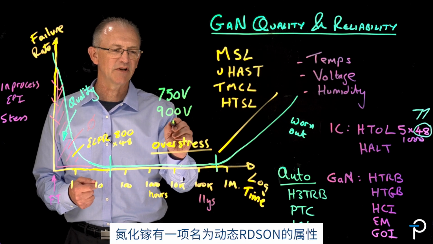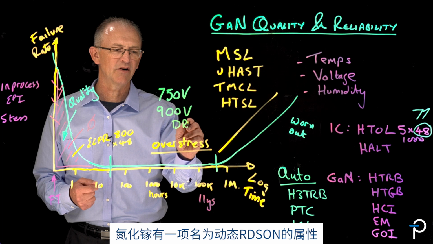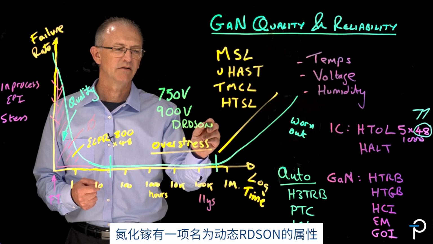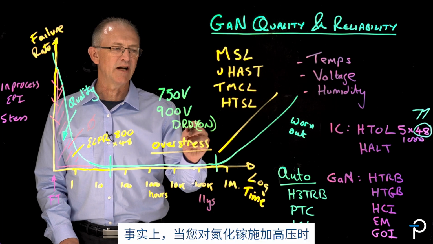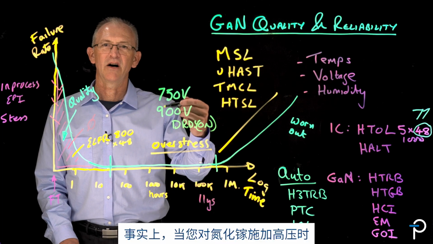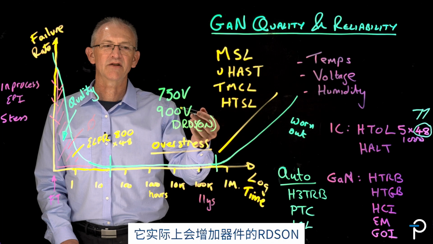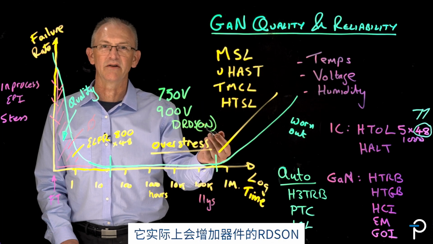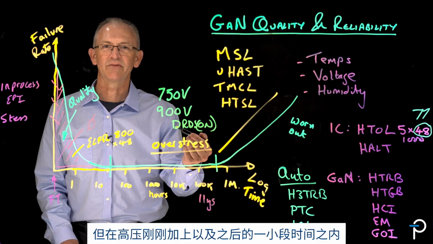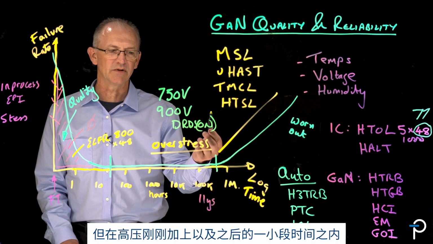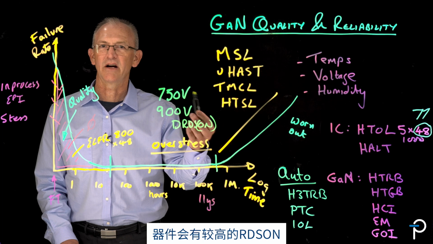There's a property of GaN called dynamic RDS on. And it turns out that when you apply high voltage to GaN, it actually increases the RDS on of the device. It recovers later, but under the initial voltage, and for a short while afterwards, it is a higher RDS on.